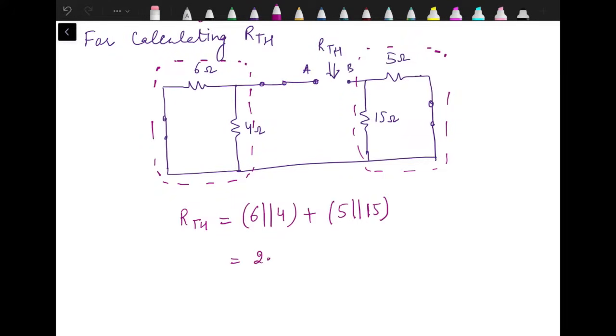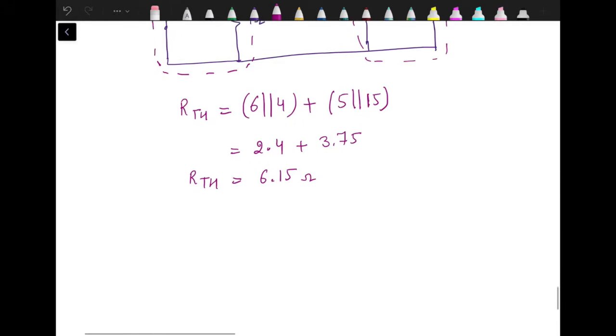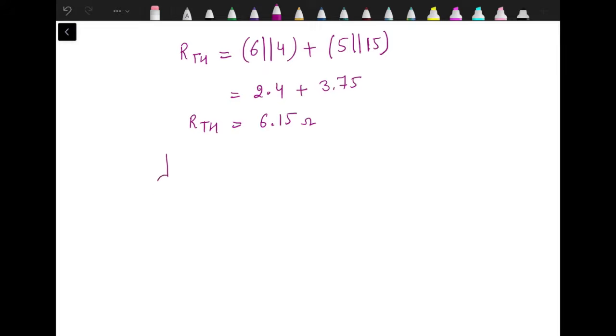6 in parallel with 4 is 2.4, 5 in parallel with 15 is 3.75. Hence the RTH is 6.15 ohm. So once we have the values of VTH and RTH, we can draw the Thevenin equivalent. VTH is 7 volts.